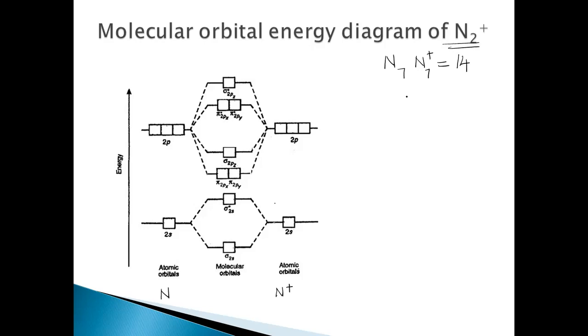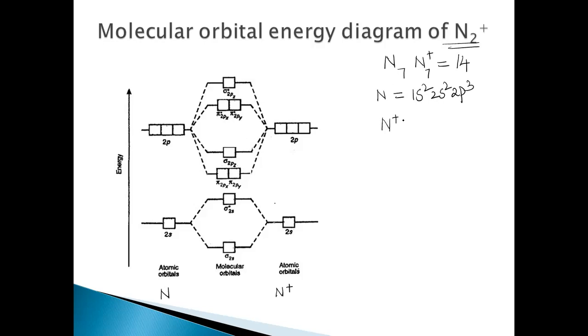Right? Now, when we try to draw the molecular orbital energy diagram for N2 plus, the number of electrons for nitrogen without the positive charge is 7 electrons. So 1s2, 2s2 and 2p3.